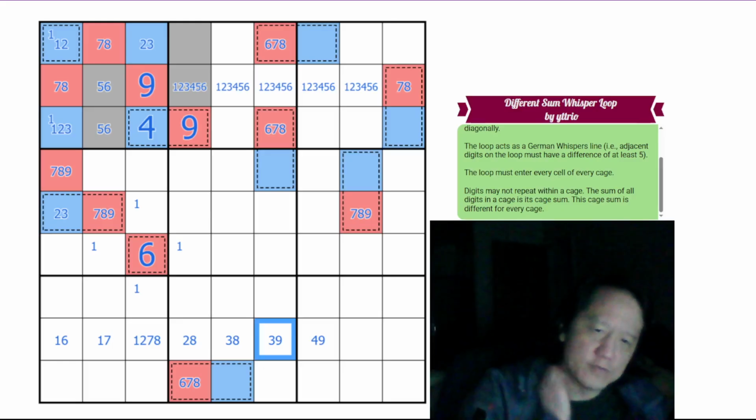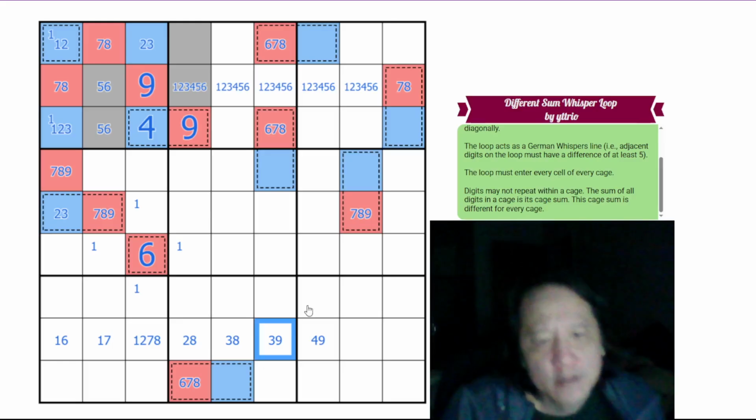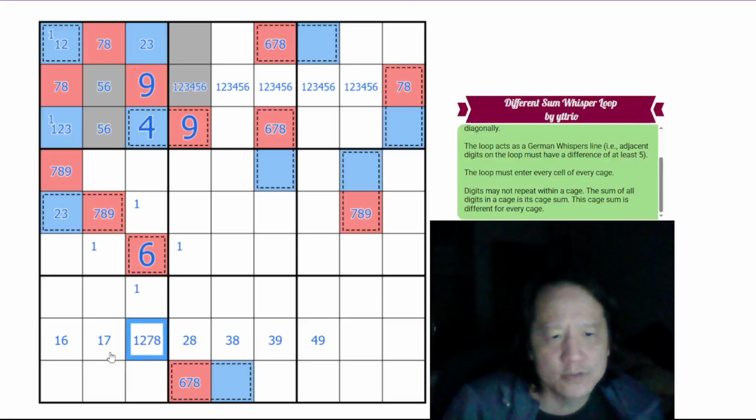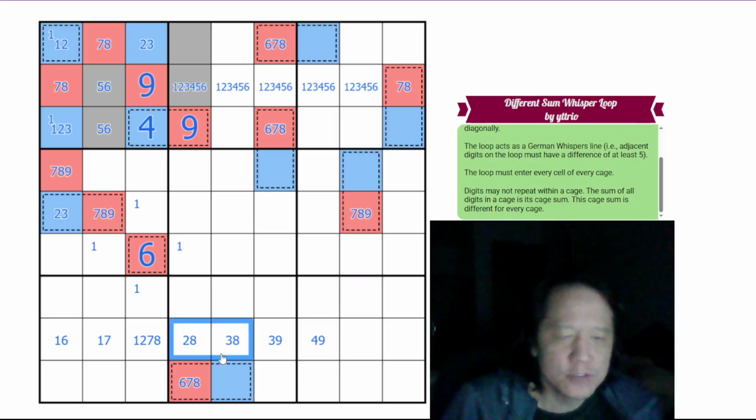So we have 4 9, 3 9, 3 8, 2 8, either 1 8 or 2 7, or 1 7 and 1 6. Interesting. We need at least 2 8s here.